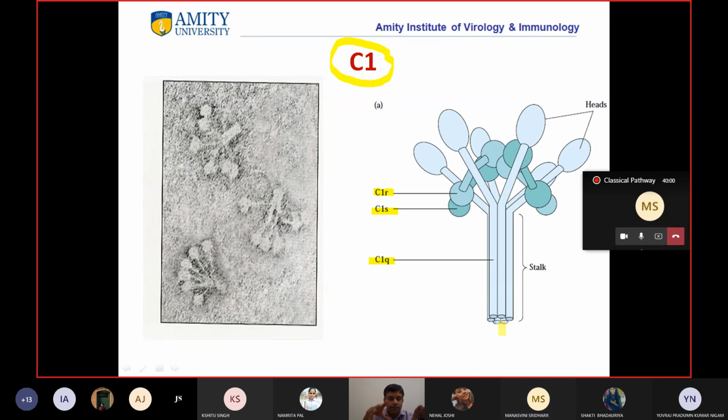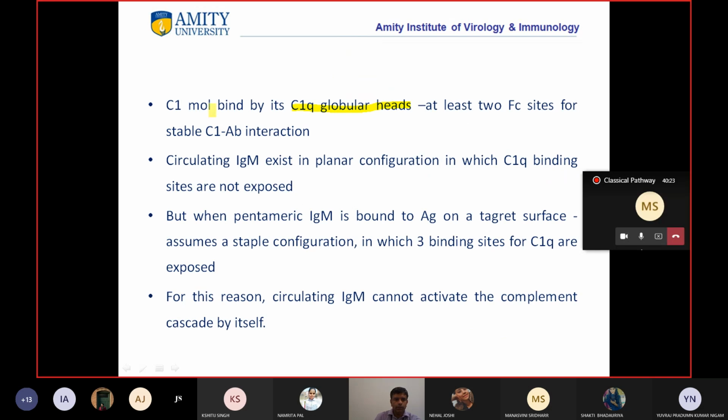It can be IgM, it could be IgG, any class, but it will specifically bind to the CH2 domain of the antibody. Clear? So the C1 molecule binds by its C1Q globular heads, and at least 2 Fc sites are required for stable C1 antibody interaction, right?